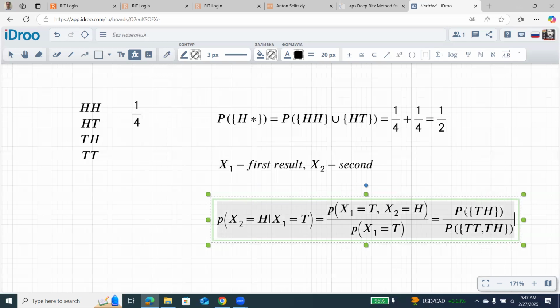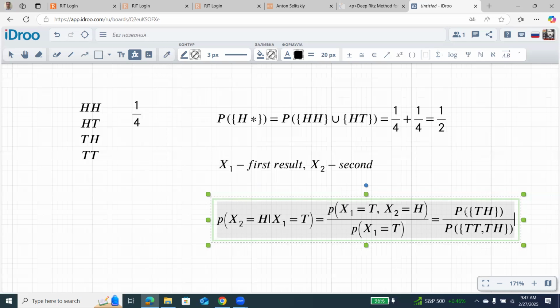But this comma is different from this comma. So this comma, we consider these events as a set, and it's the same as union. This comma, in this case, we consider as intersection, that we have two results of the same experiment.